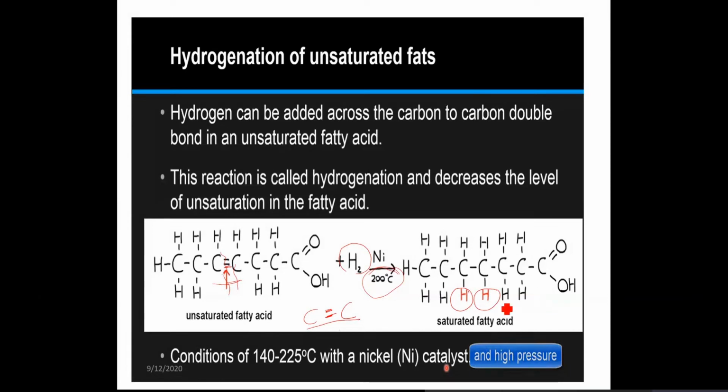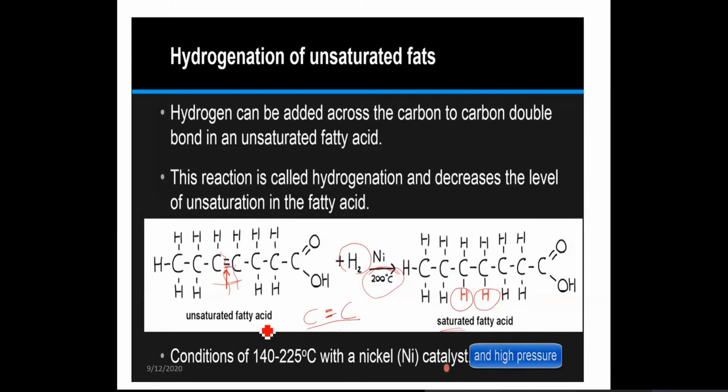The reaction takes place at a very high pressure in the presence of a nickel catalyst, but others can also be used, like palladium as I mentioned before. But platinum or palladium are a little expensive, and that is why nickel is usually used.